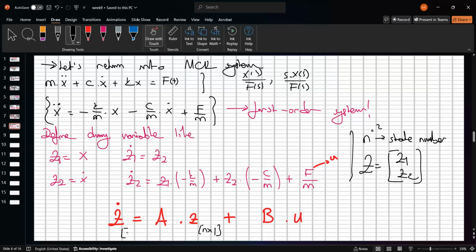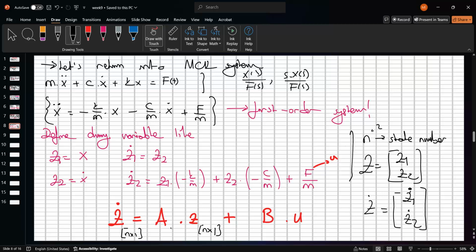In the general form, yes, n times 1, because z dot is the simple derivative operator here. This always must be equal to n times 1, where n is the number of states.